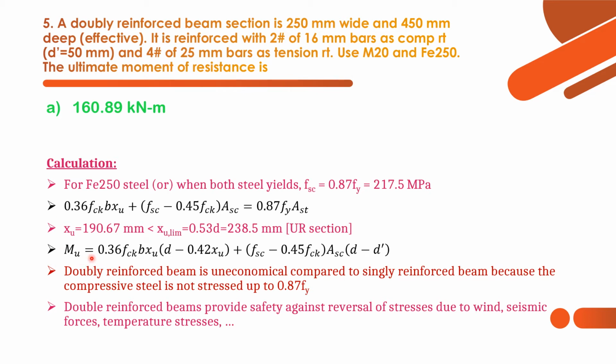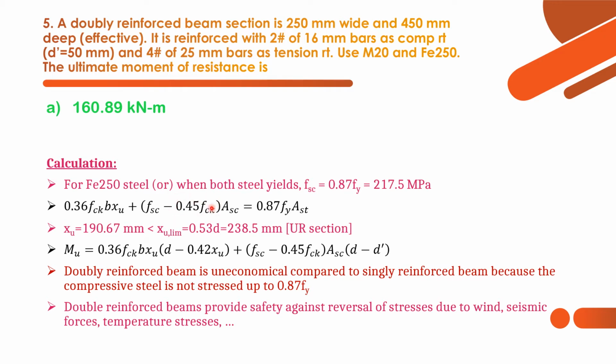So before moving to moment of resistance, we have to find XU, as we have already seen in the singly reinforced. Here also we have to find the XU, that is the depth of neutral axis from the compression fiber of the concrete. So 0.36 FCK B into XU plus FSC minus 0.45 FCK. This 0.45 FCK we have seen as a FCC value in the previous question.